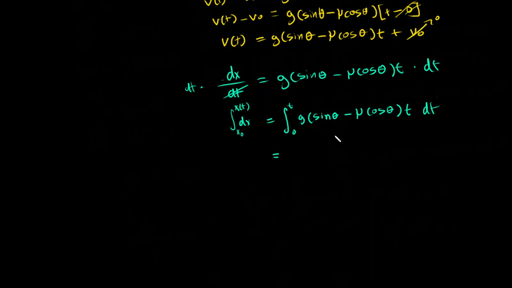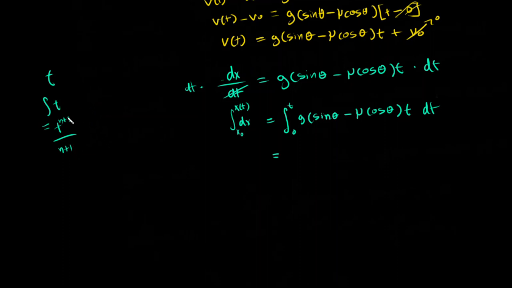So how we're going to evaluate this is, first let's take the integral. If there's a t here, remember that the integral of t to the n will be t to the n plus 1, divided by n plus 1.